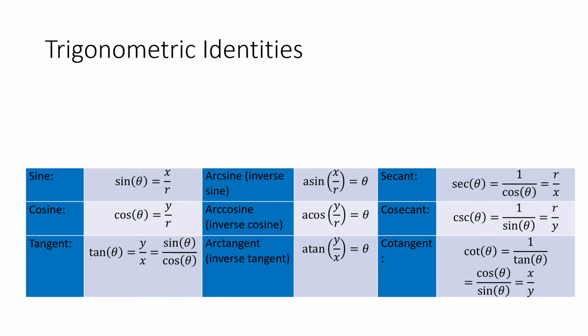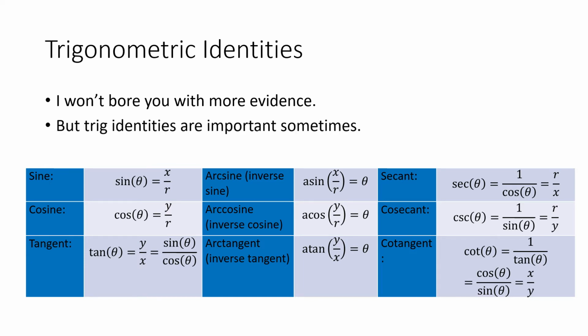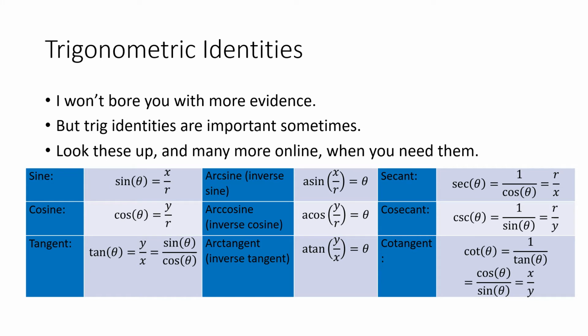Now, I should look next at trigonometric identities, or trig identities for short. I won't bore you with evidence for all of these, but trig identities are important sometimes. There's loads of them. You can look up the rest of them online. I'm not going to go into all of them. In fact, even a few of these I'm just going to skim over. But the basic ones, SOHCAHTOA: sine equals opposite over hypotenuse, cos equals adjacent over hypotenuse, tangent equals opposite over adjacent.